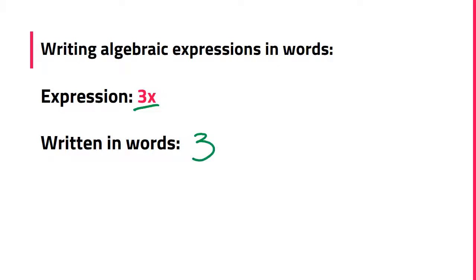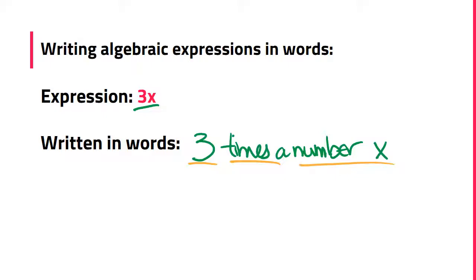We're going to say 3 times a number x. So now it looks like the previous examples. If you look back up to those examples, you can use those to help you with your vocabulary. So I can double check. I've got 3 times a number x. That would describe this expression of 3x.